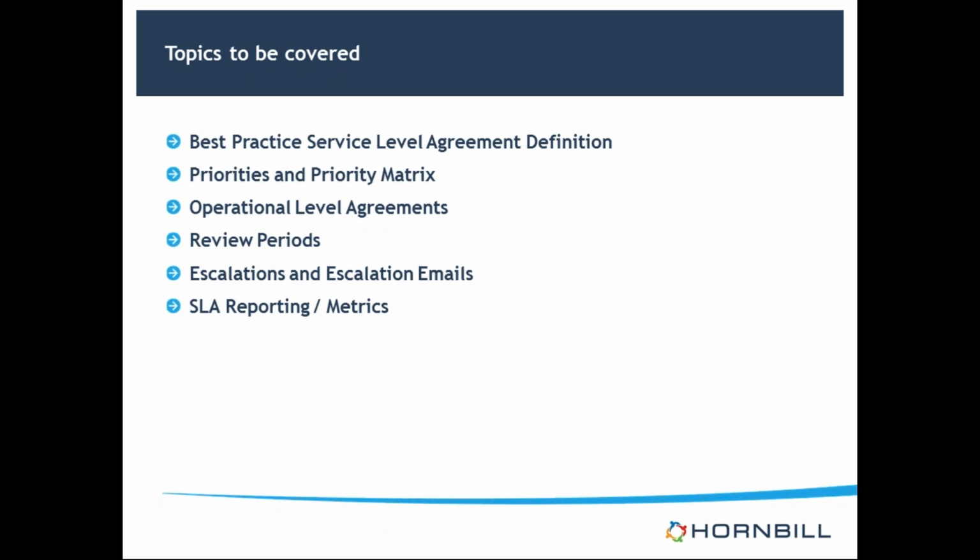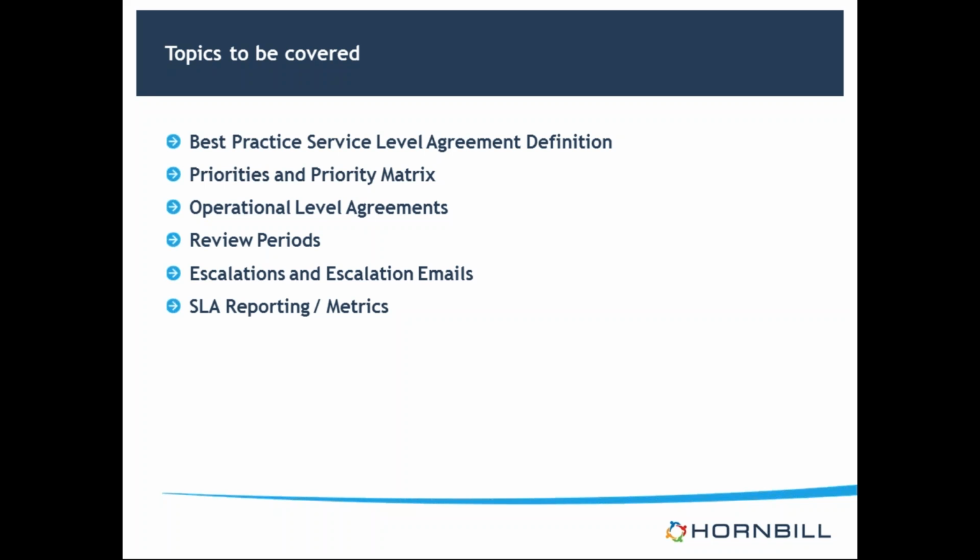So today we're going to cover a few topics here. We're going to look at the best practice when defining service level agreements in Supportworks. We're also going to take a look at priorities and our priority matrix. Why do we use them? How do we configure them? And what is the main purpose of having them defined in Supportworks as well?